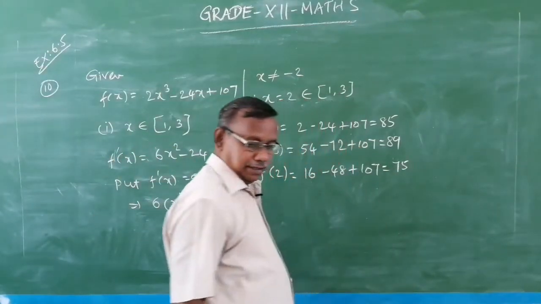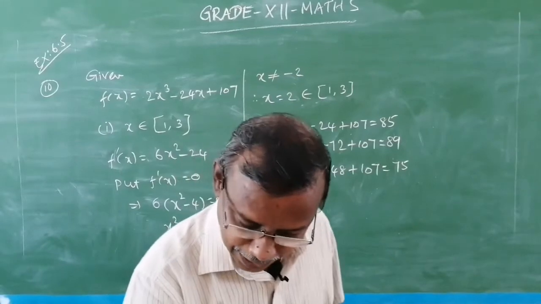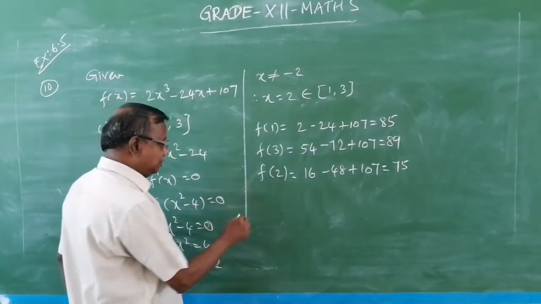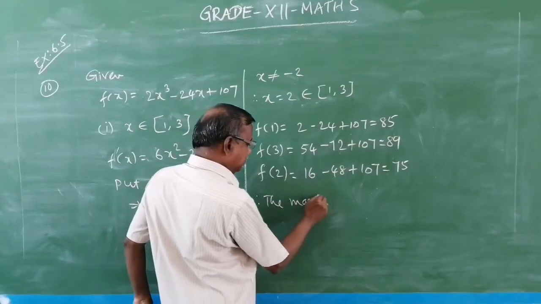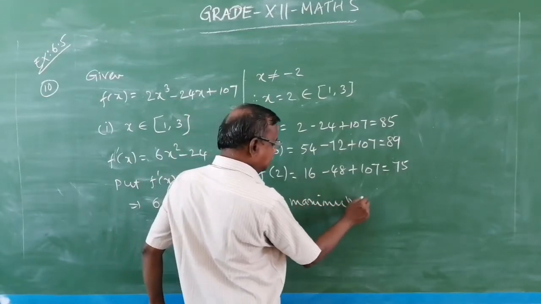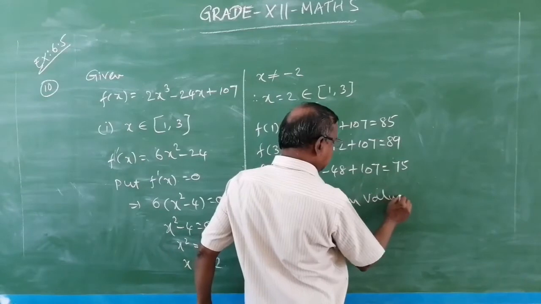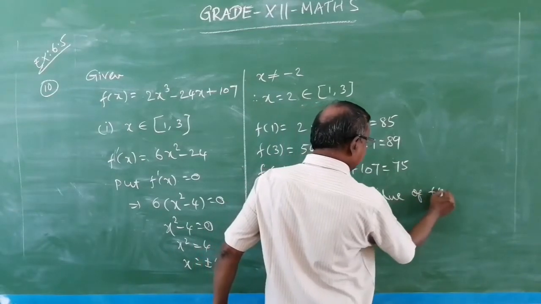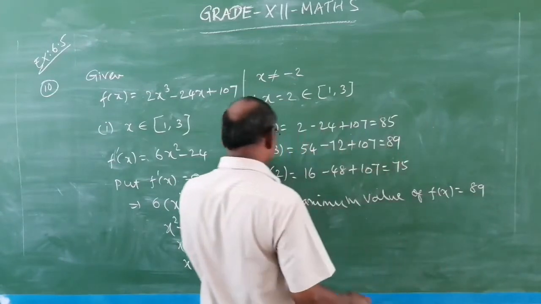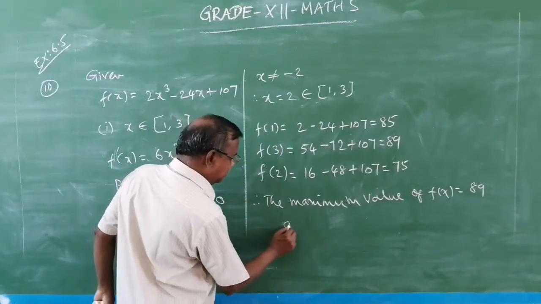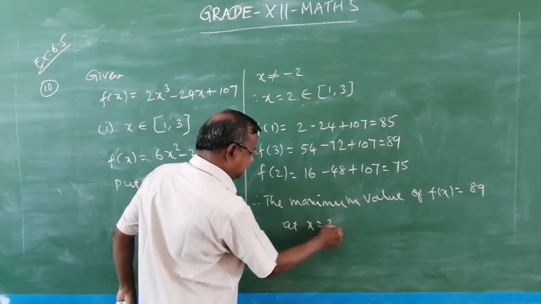We are asked to find the maximum value. Therefore, the maximum value of f of x equal to 89. It occurs at x equal to 3.